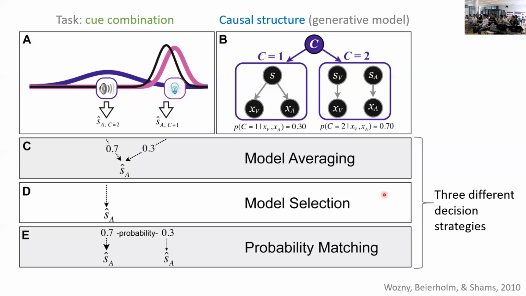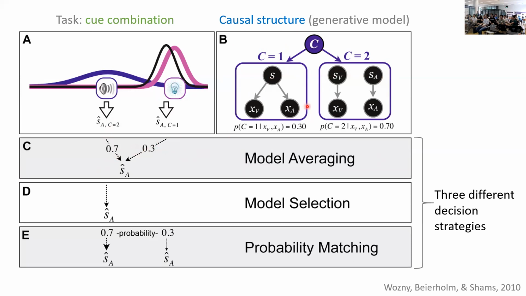So this is model averaging. In this case, you would give 0.7 weight to the one-source hypothesis and 0.3, sorry.